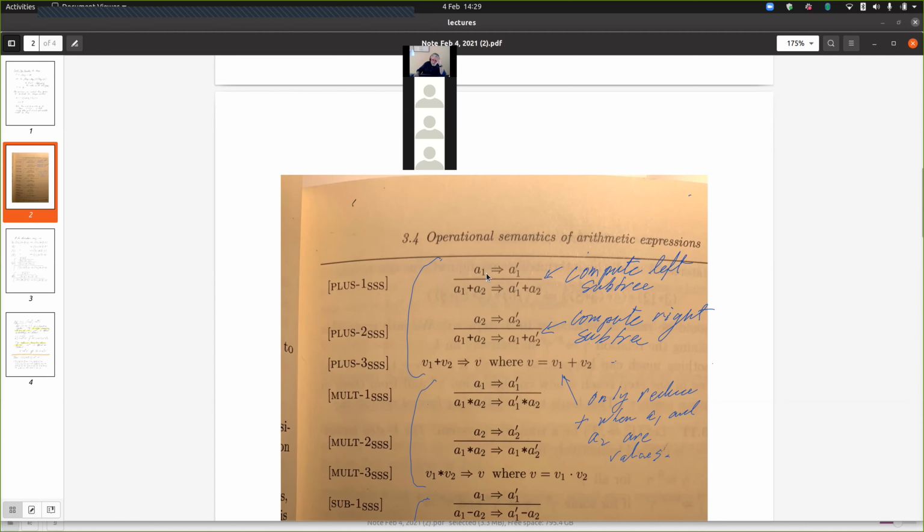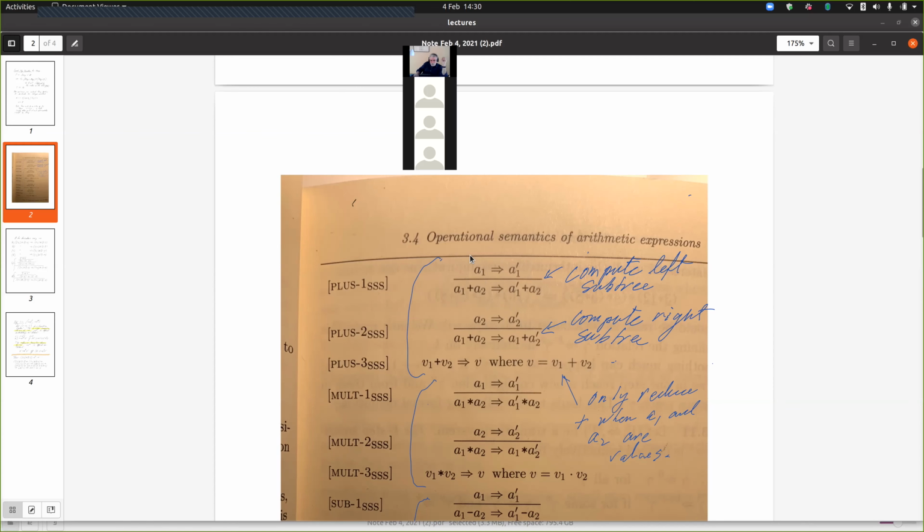One thing you could do is go to the left subtree and do a step of computation. Now, this is small steps, and he uses the big arrow. It is non-deterministic. The other arrow, which looks more like a function, is perhaps better, but maybe the correct one to use.